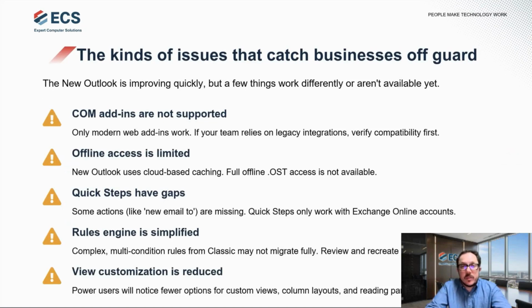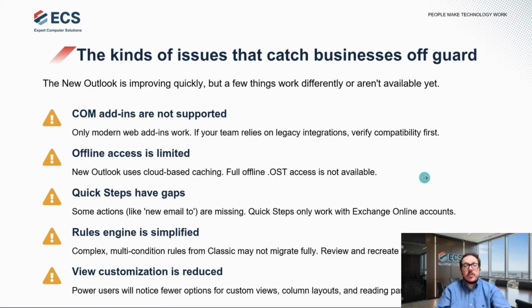Some of the issues that you should be mindful about if you are to switch to the new Outlook versus the classic Outlook. If you have custom applications that have communication add-ins, they're not supported. You need to talk to your vendor, making sure that you already have this in place. Offline access.